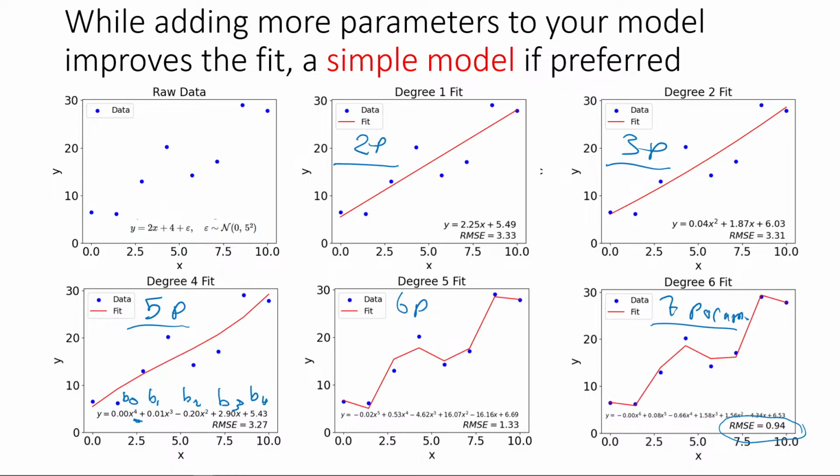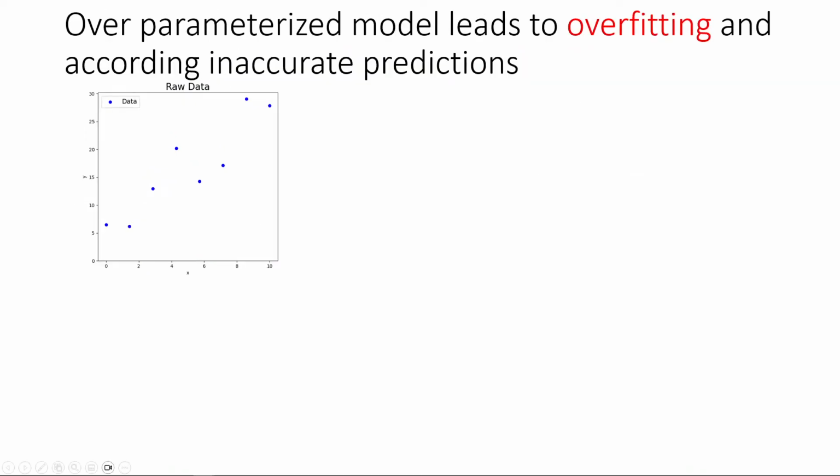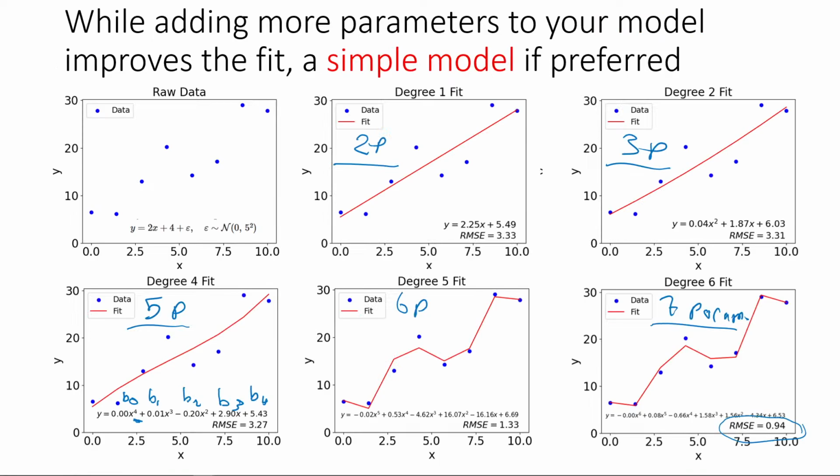If you are an inexperienced modeler, you will be fooled by the R square value, or the small root mean square error, or the R square value of 0.99. But if you are an experienced modeler, you might know that with this 6-degree polynomial, you are just fitting noise and random fluctuation rather than the true underlying linear relationship.